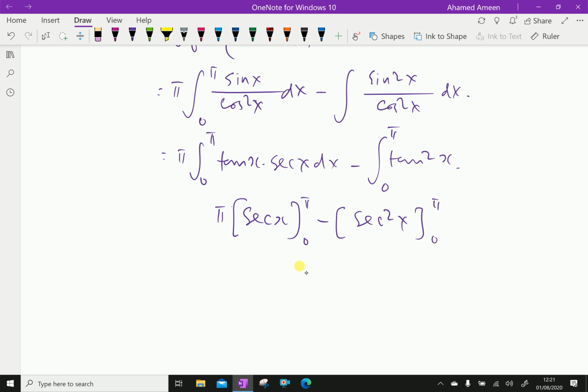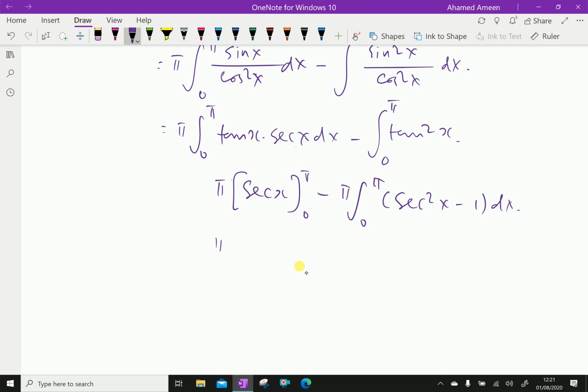Before that, tan squared x, we can write as pi into integral 0 to pi of tan squared x, that is secant squared x minus 1 dx.